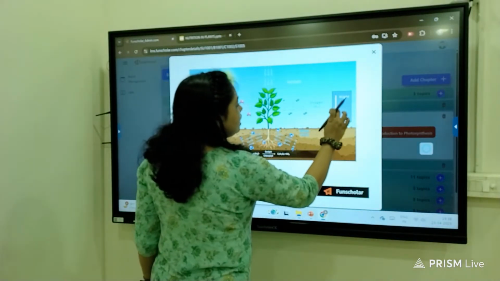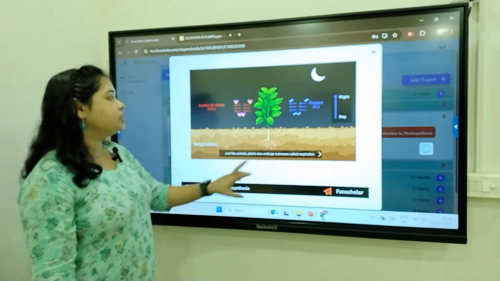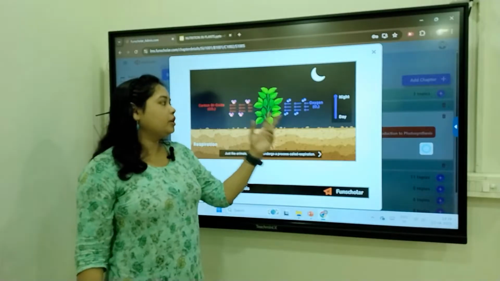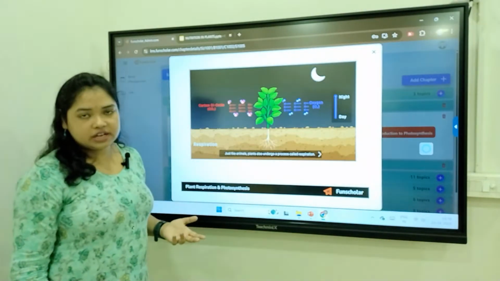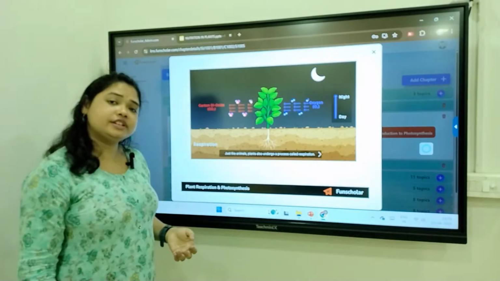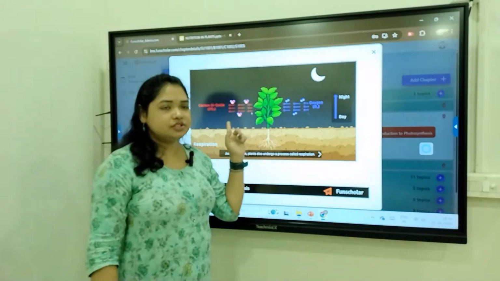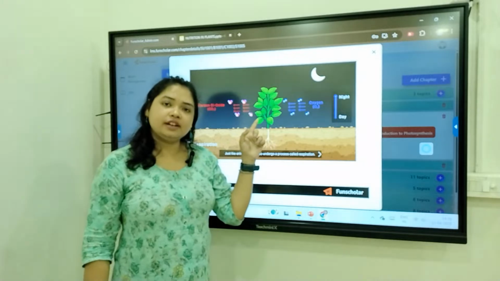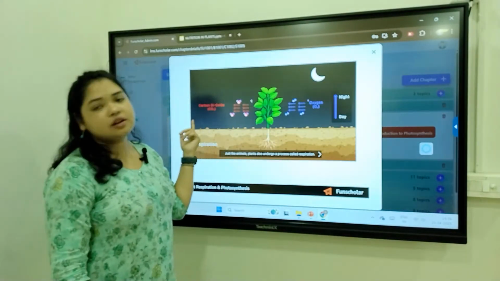Now what will happen during the night time? In the night time the reverse condition is happening here, because since there is no sunlight, photosynthesis will not take place. Only the plant, being a living organism, will respire, and just like any other living organism, it will take oxygen through diffusion once again through the stomata, and then it will give out carbon dioxide.